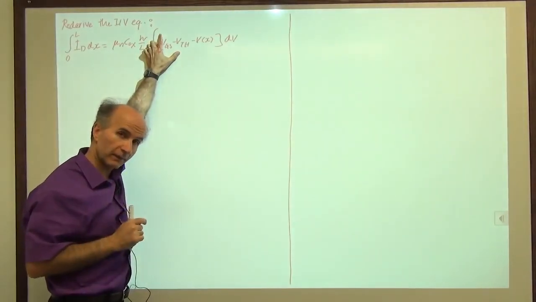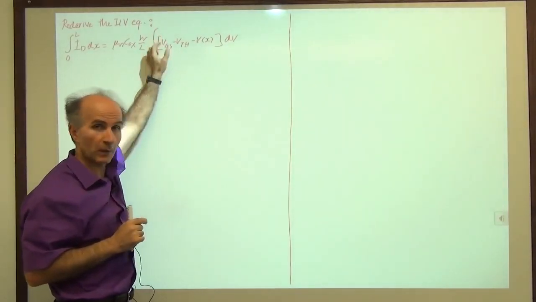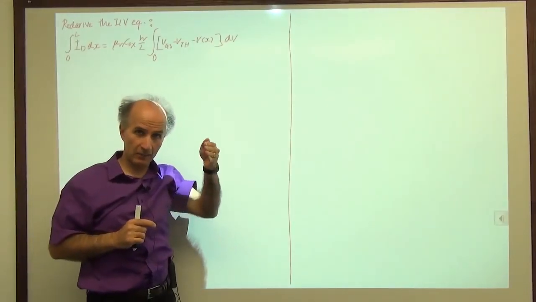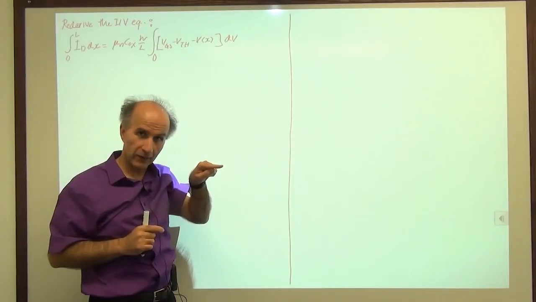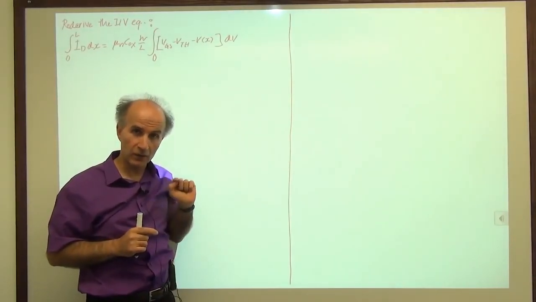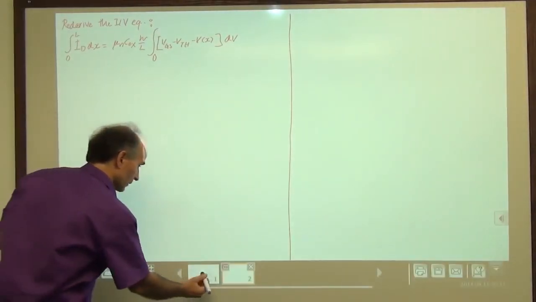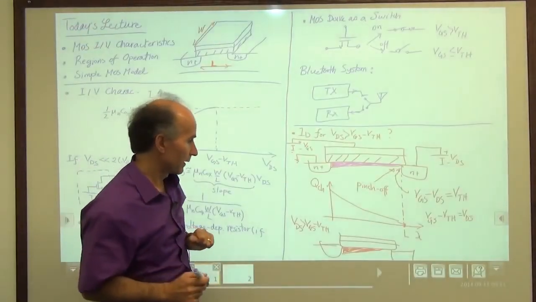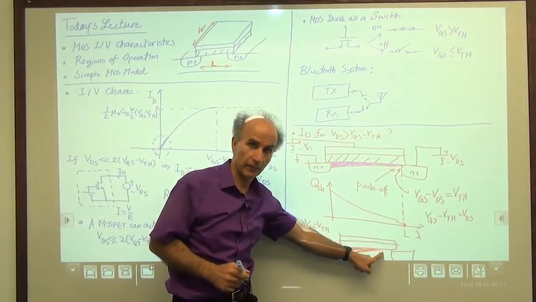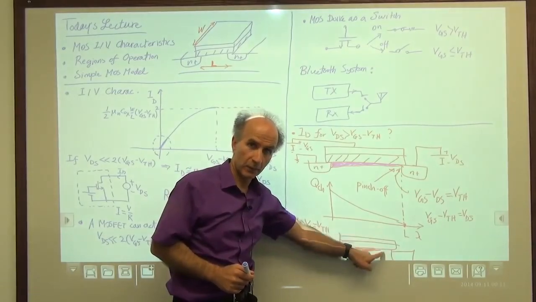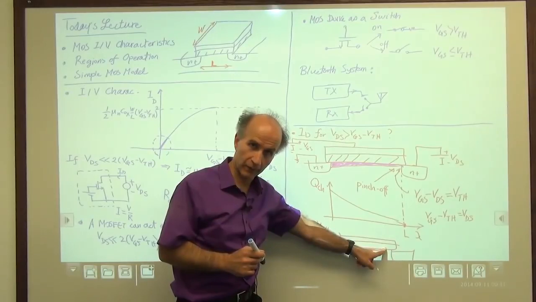But now the situation is different. How much voltage do we have at the end of the channel? Well, remember, the channel gets pinched off where the voltage on the channel has reached VGS minus VTH. If the local voltage is VGS minus VTH, and this voltage is VGS, the difference between them is VTH, therefore the channel has pinched off, right?